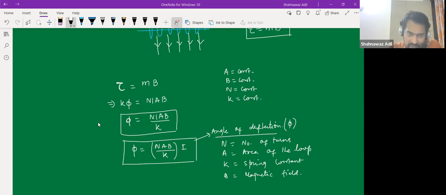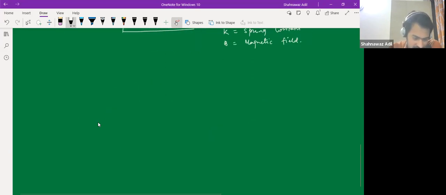So now the next thing is that we know the use of this moving coil galvanometer. It is used to detect the presence of current. But can we use it for the measurement of current? We are only detecting the presence of current.